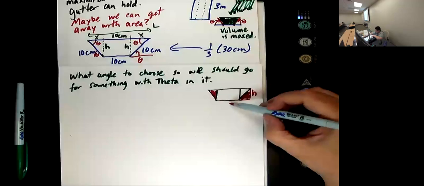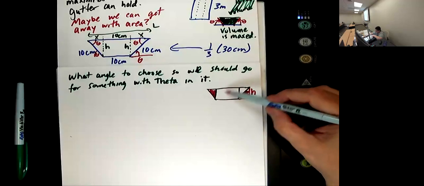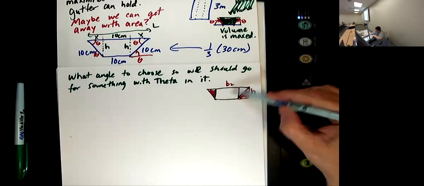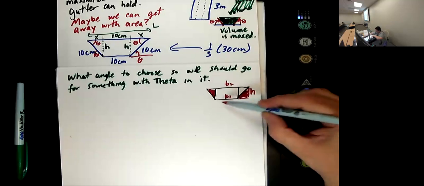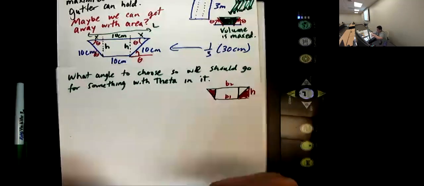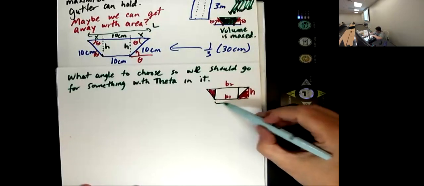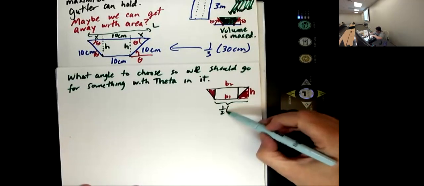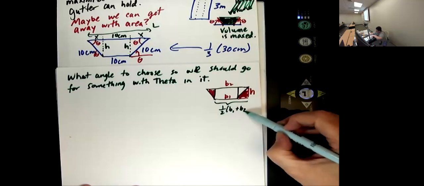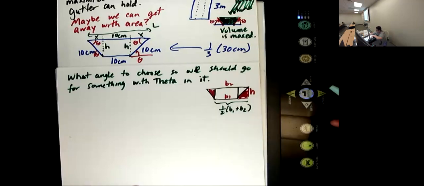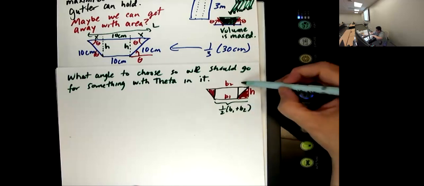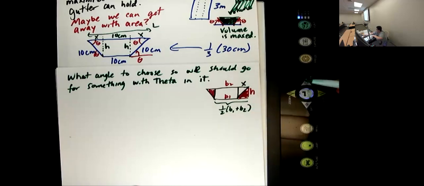And this happens to be the average of the two, if this is B2 and this is B1. This semi-length is the average of the two. This is 1/2 B1 and B2. Or as we got it pictured, it's B2 plus X.